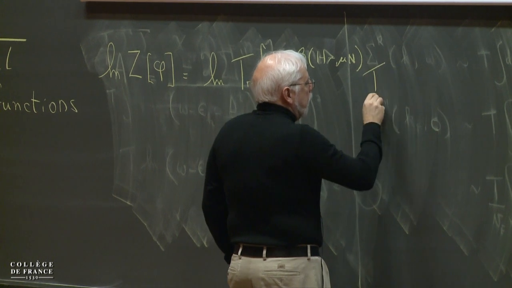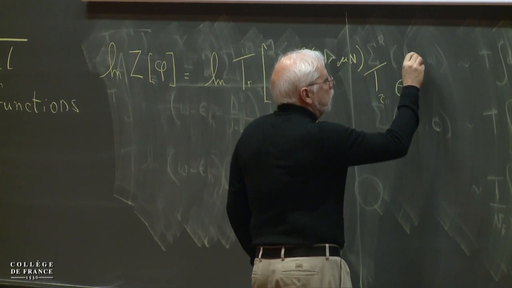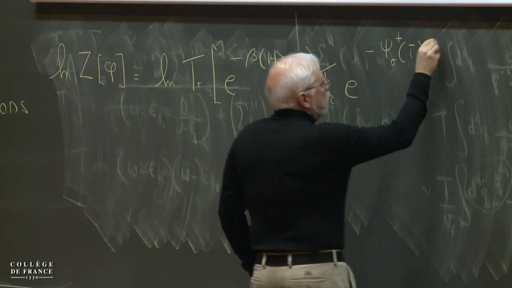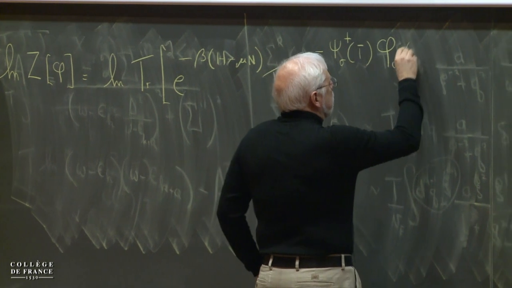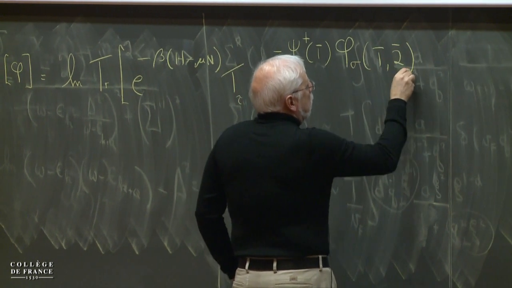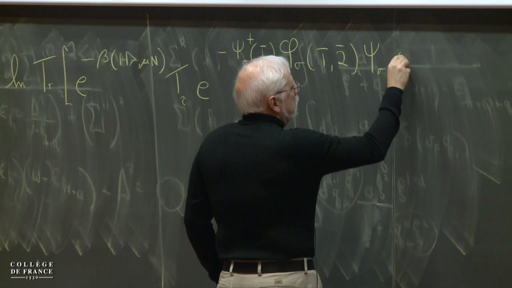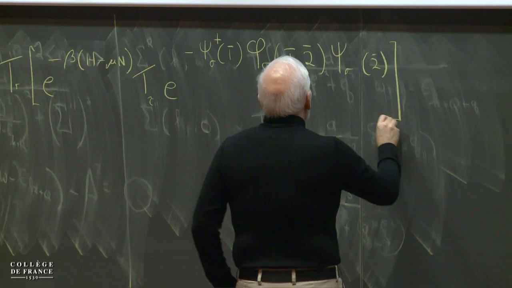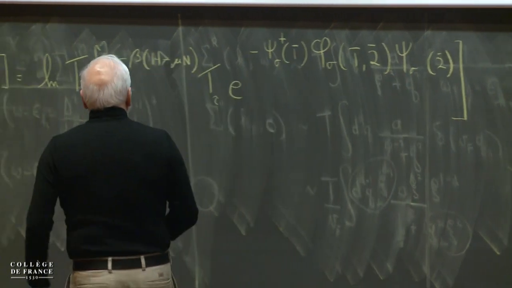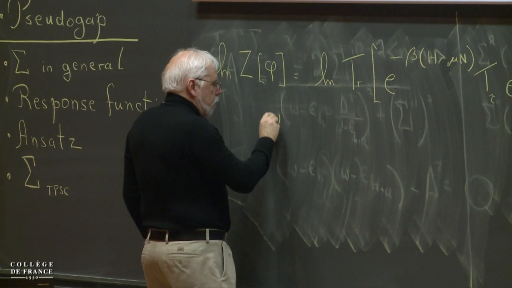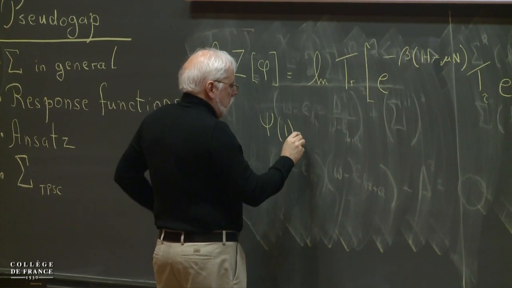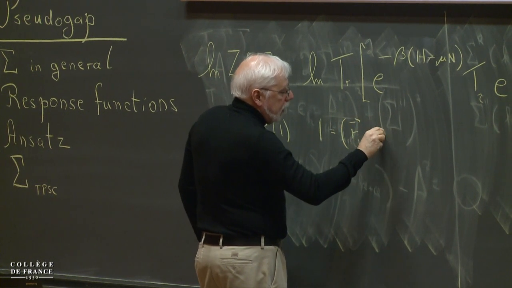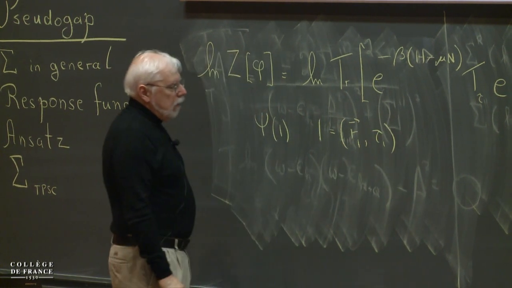But the source field we write as a time-ordered product of the exponential of minus psi dagger 1 bar, some source field phi sigma of 1 bar, 2 bar, and psi sigma of 2 bar. Okay, so what do I mean by all these symbols? Psi is the creation annihilation operator, and psi 1. So the 1 means that I'm at a position R1 and imaginary time tau 1.